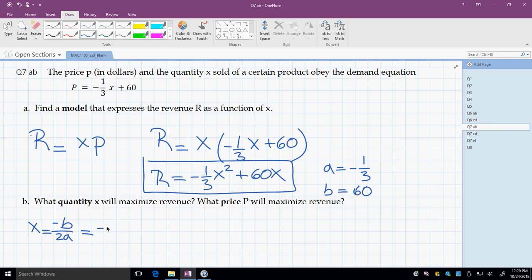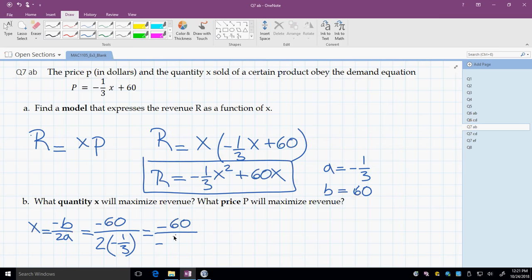So I have negative, from the formula, and my number is negative 1 over 3. 2 times A. I have negative 60 being divided by 2 times negative 1/3. So I have negative 60, and I'm going to simplify the denominator, which is 2 times 1, 2.